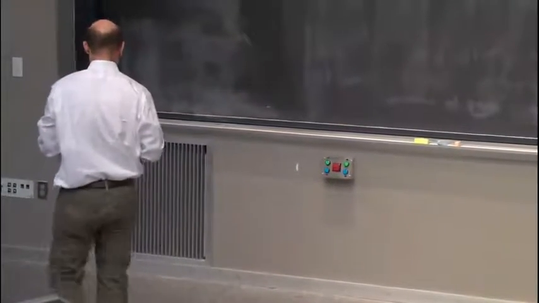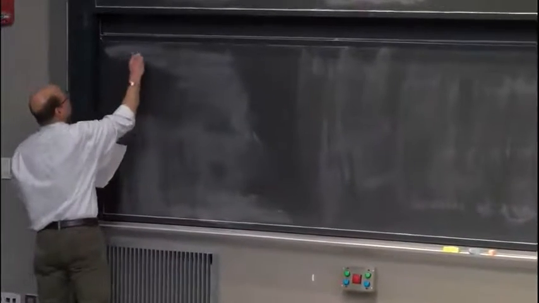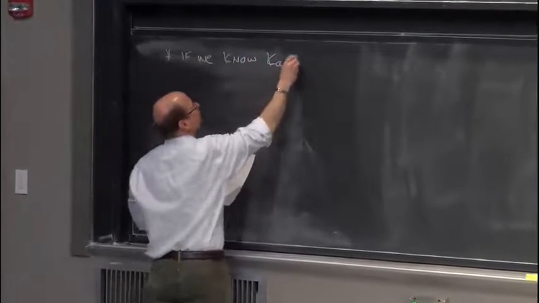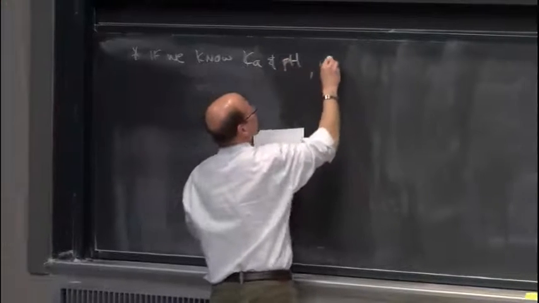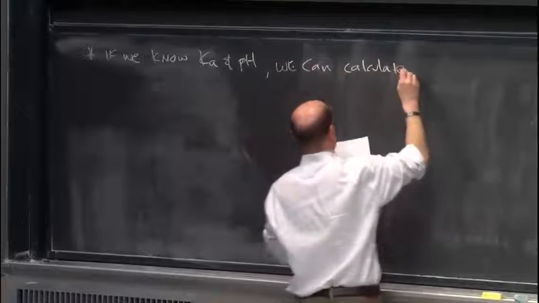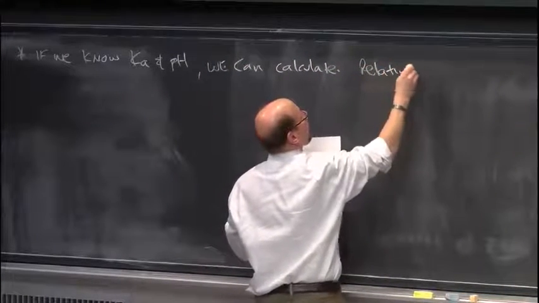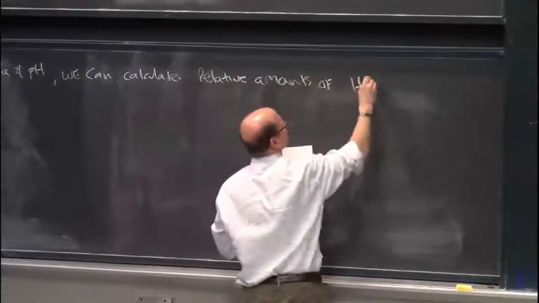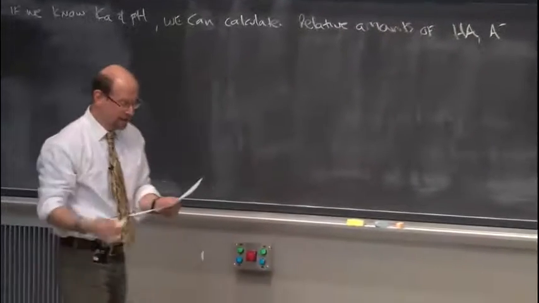The second thing that I want to tell you about, and this is the important thing, is that if we know Ka and the pH, then we can calculate the relative ratios of the undissociated acid, HA, and the conjugate base A minus. Okay? Let's see how to get there.